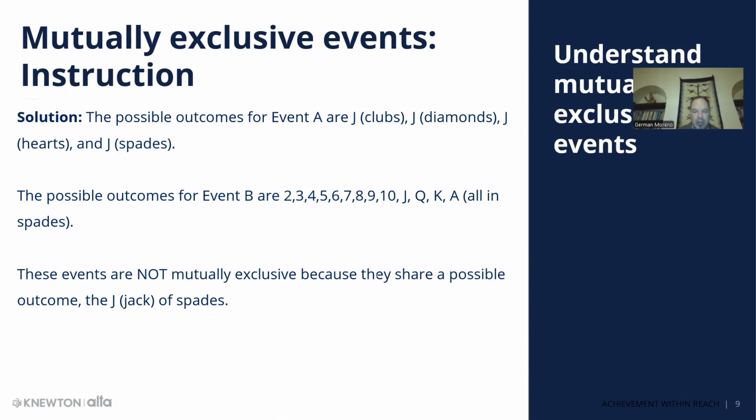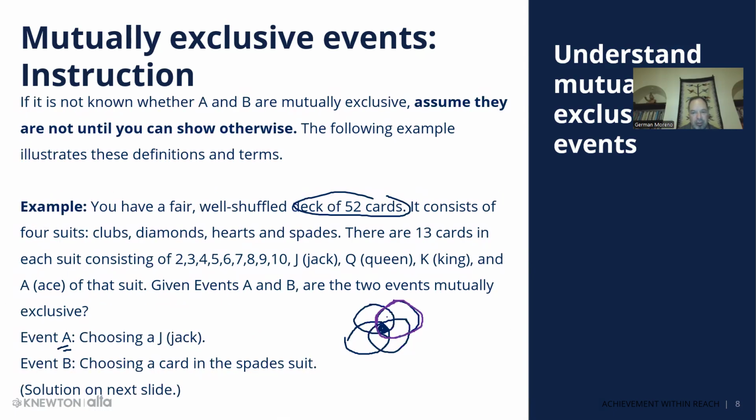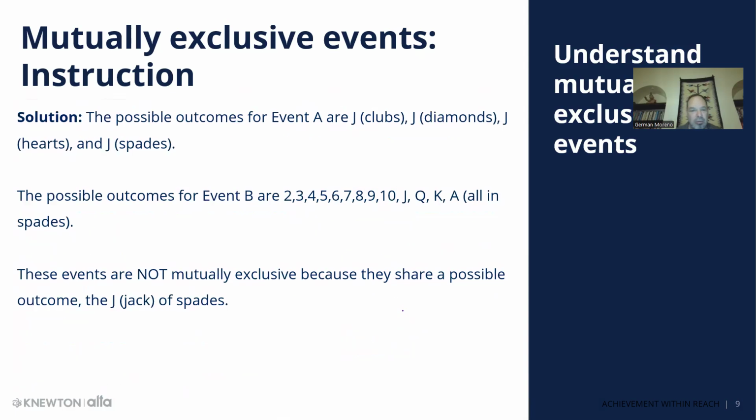And from the picture, you can see that some of the jacks are inside the spades. So the and part, you could be a jack and a spade. And so they're not mutually exclusive.